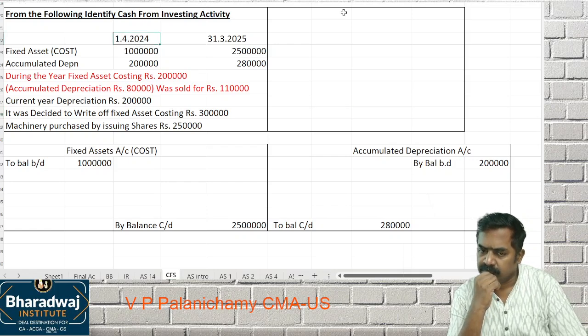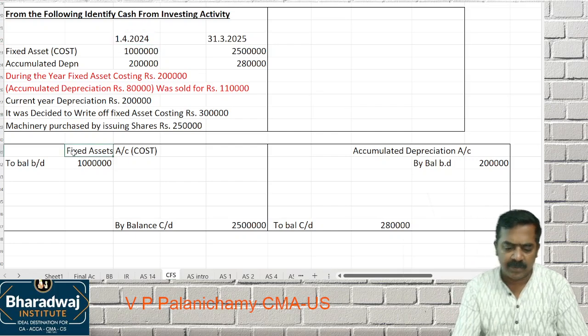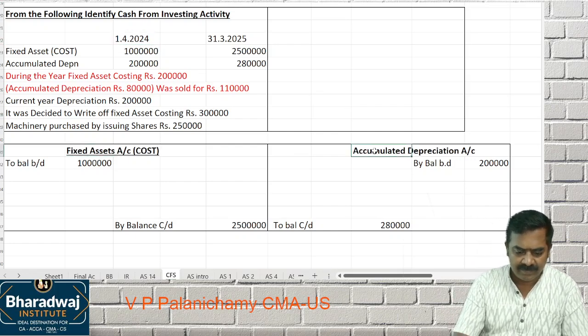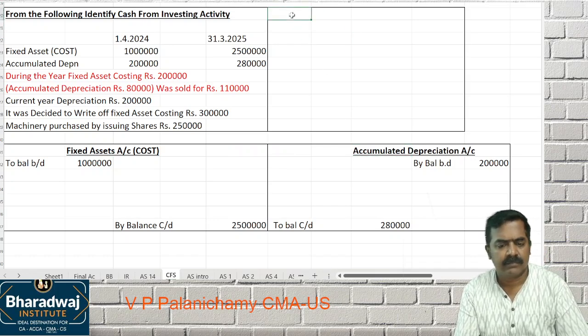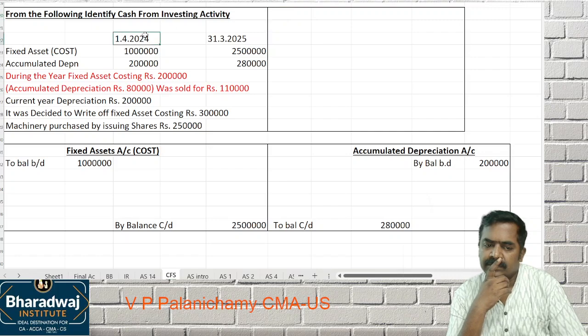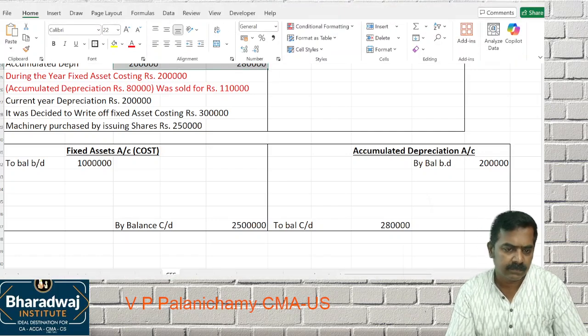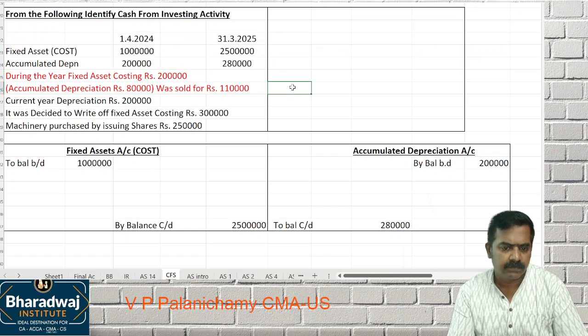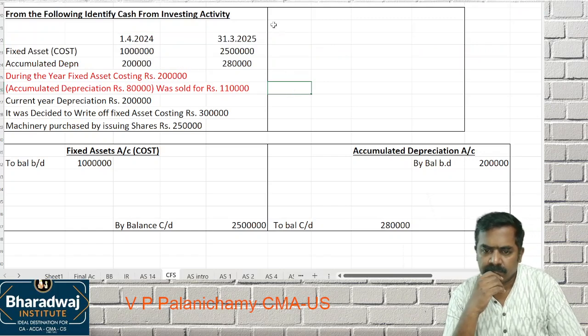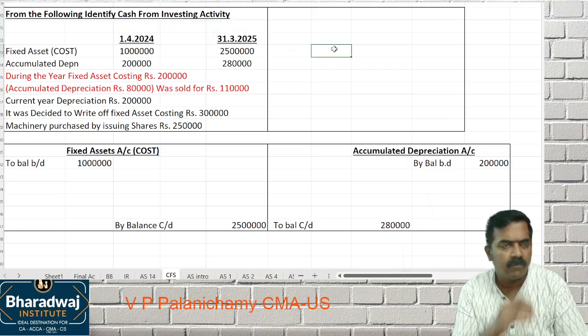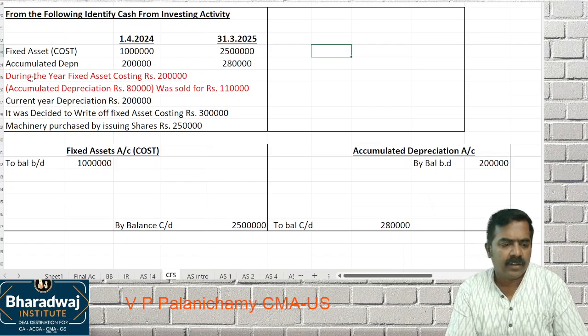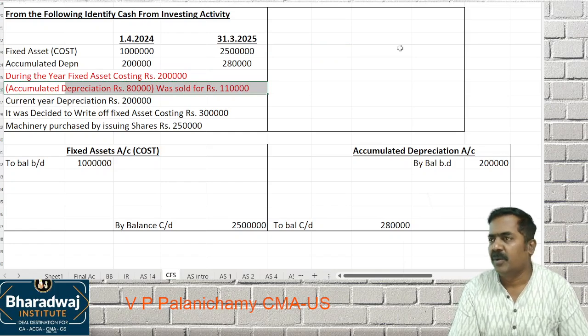Try to find out. During the year, fixed asset costing 2 lakhs, accumulated depreciation 80,000, was sold for 1,10,000.